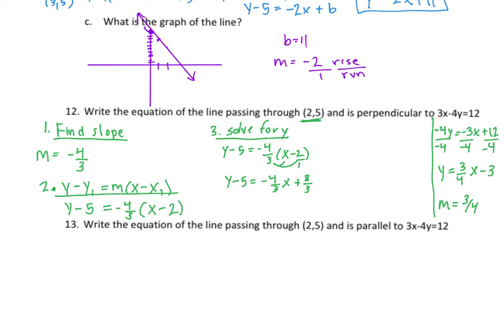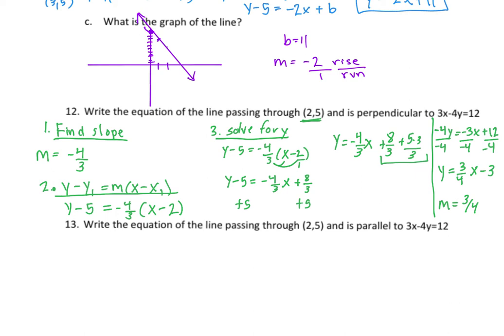Okay, then the last thing we need to do here is just add that 5 over. And this can be kind of tricky because you have those fractions to work with. We do know we have negative 4/3 x, but then we have to add 8/3 plus 5. We're going to rewrite 5 so that it has a common denominator as the 8/3.